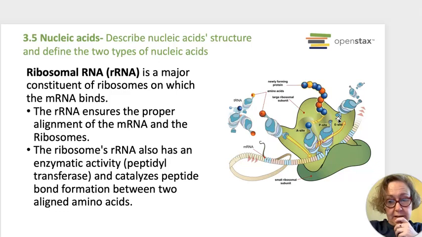It holds everything together. It's the little house that brings everyone together. The rRNA ensures the proper alignment of the mRNA and the ribosome. The ribosome's rRNA also has an enzymatic activity, right? Peptidyl transferase, which catalyzes the peptide bond, which forms between each one of the amino acids.